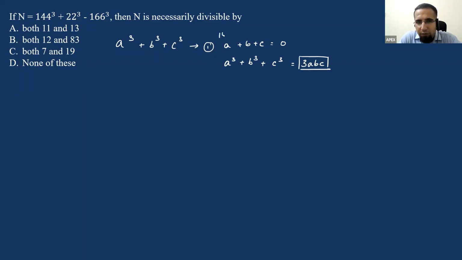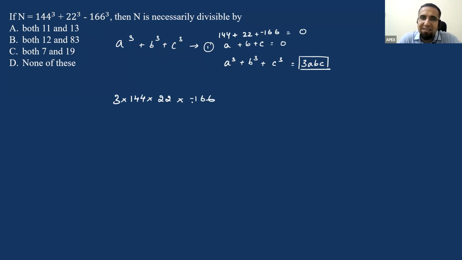The value of a is 144, the value of b is 22, and the value of c is minus 166. So 144 plus 22 minus 166. Clear? This is equal to 0. So therefore, the value of a cube plus b cube plus c cube would be 3 times a into b into c.